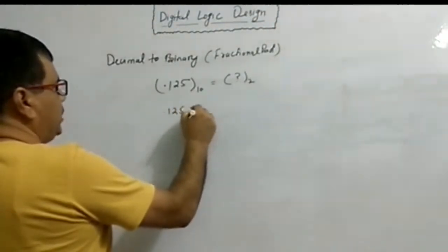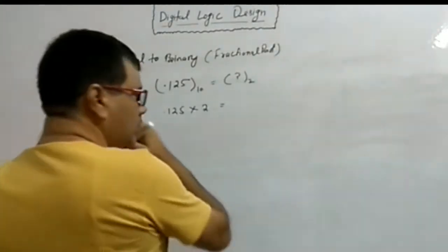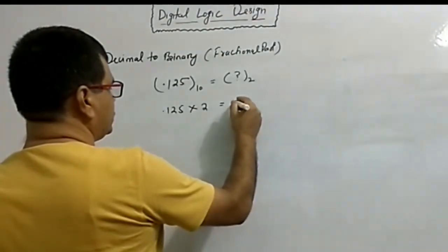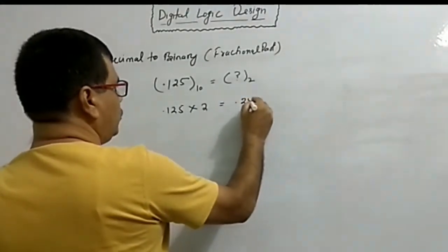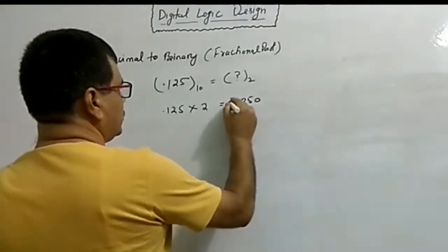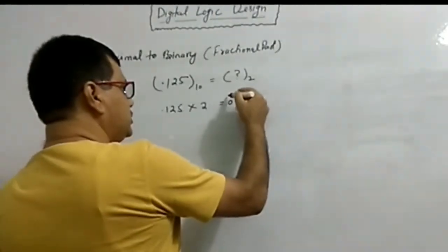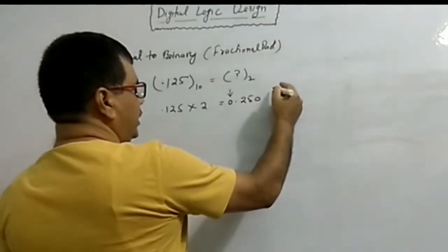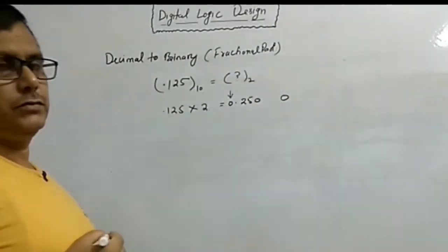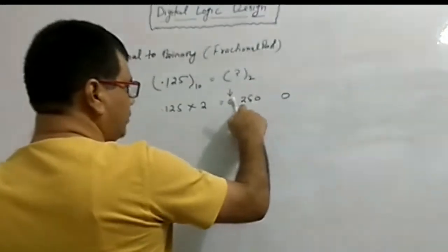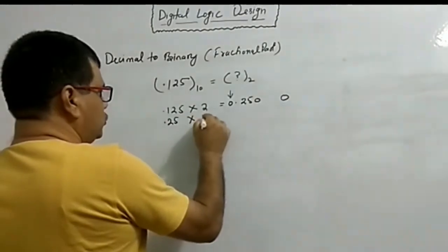So now let us see. 0.125 multiplied by 2 is equal to 0.250. Look here, this is the integer part, and we will write it here: integer 0. Again, the fractional part is 0.25, multiplied by 2.